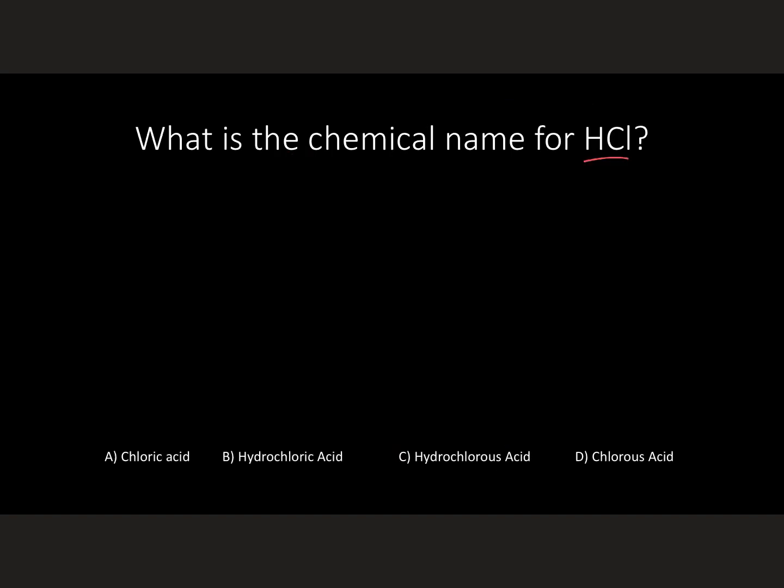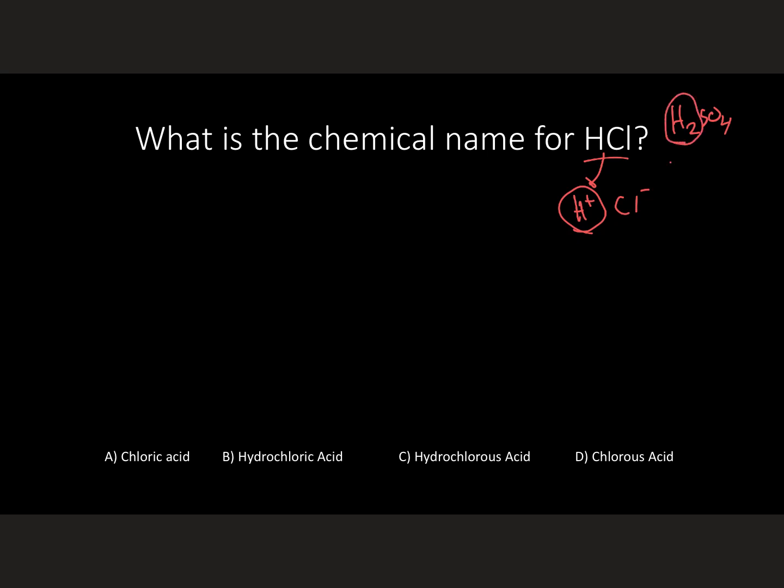So what is the chemical name for HCl? This is what trips students up when we're dealing with naming acids. Acids essentially donate H plus, protons, if we dissociated HCl in solution. Sulfuric acid, notice the H's there.